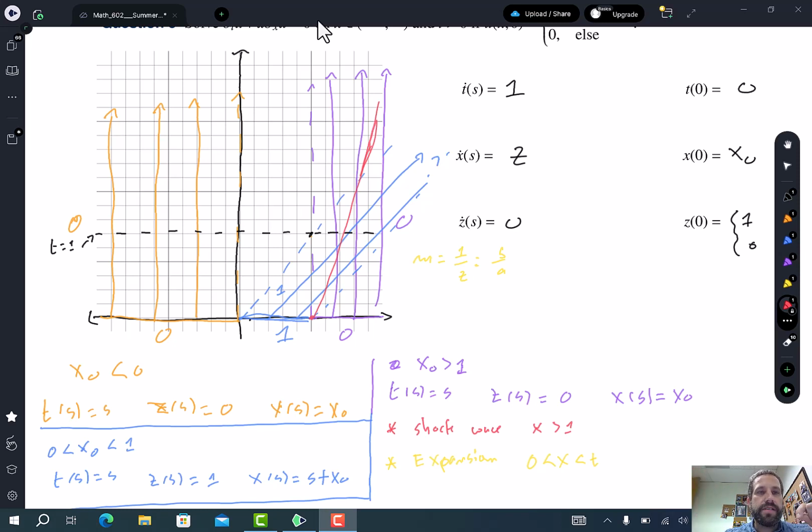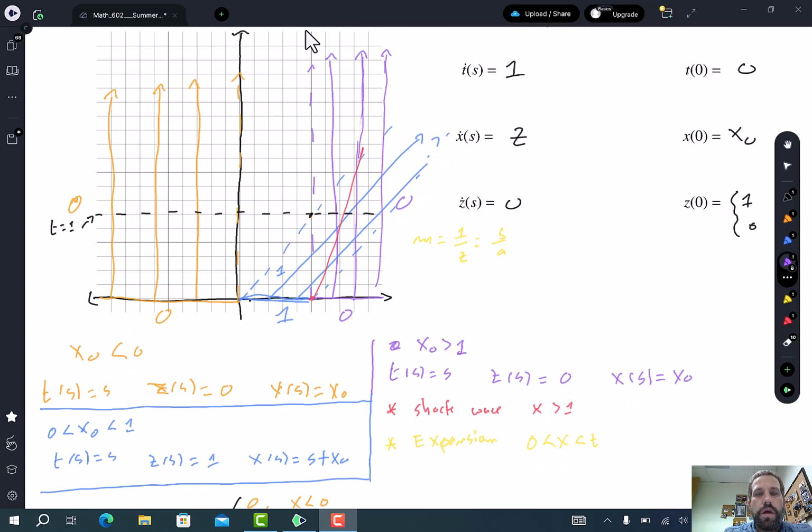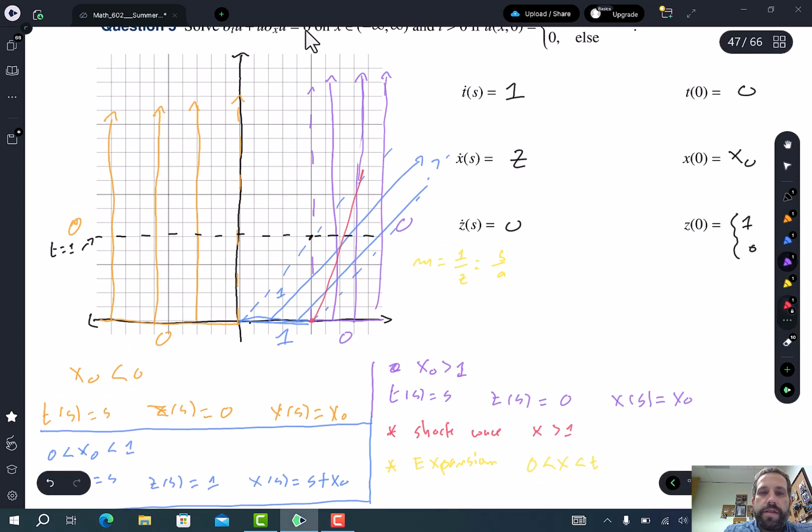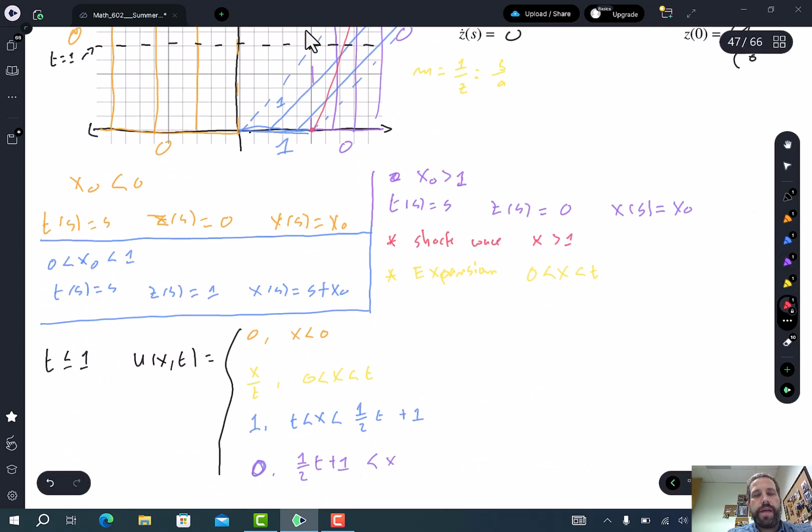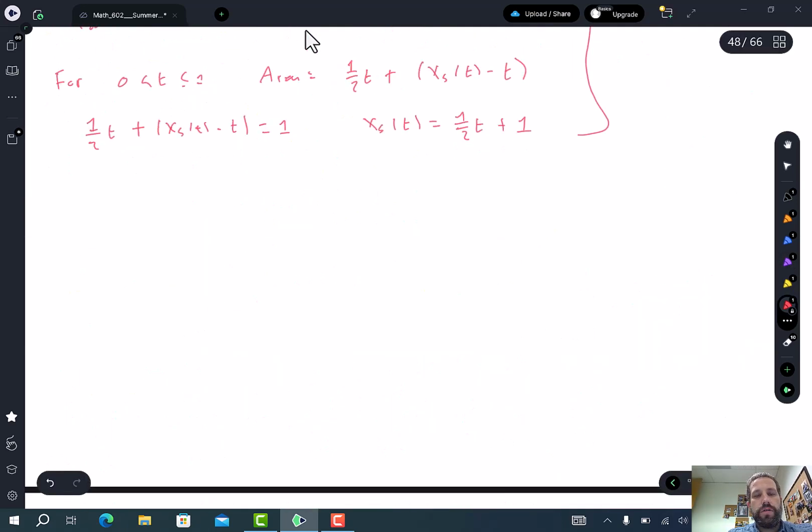So my analysis that I did below is not valid once the shock passes out of this blue characteristic region. So let me erase this little red line that goes past that. This characteristic is going to stop right here.